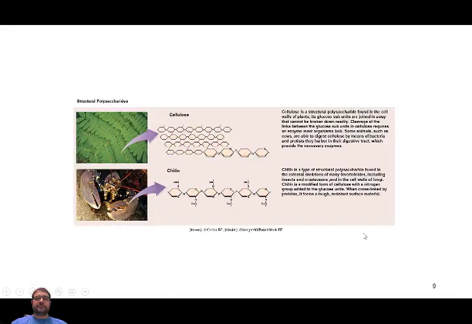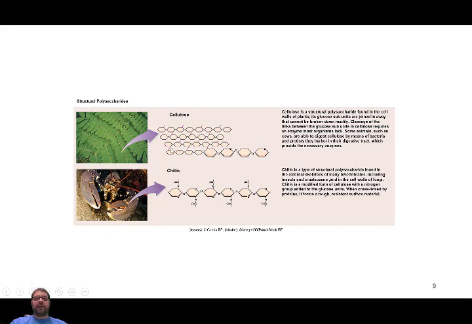Okay? And then we have those specialized molecules, which we call structural polysaccharides or structural carbohydrates. And you can see here, again, glucose linked together, but then you have these extra bonds that are a little bit different than some of the other bonds that we see in the other polysaccharides.